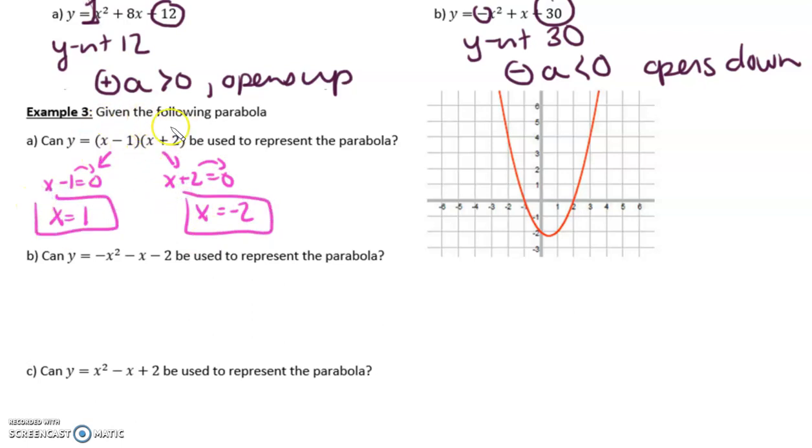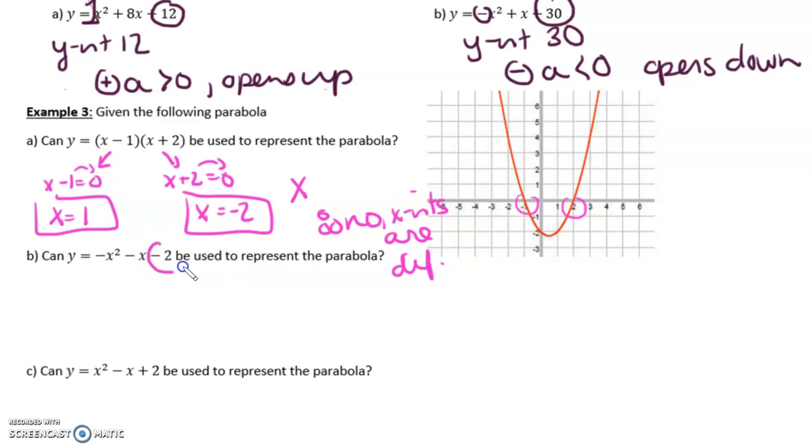Okay, so in this equation, this is what our x-intercepts would be. Now, let's cross-reference it. Are our zeros 1 and -2? No, our zeros here are 2 and -1. So therefore, no, because the x-intercepts are different.